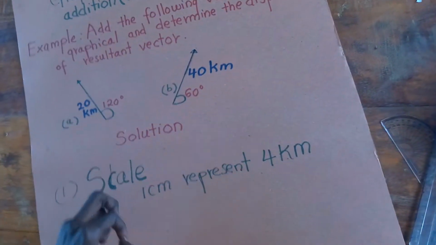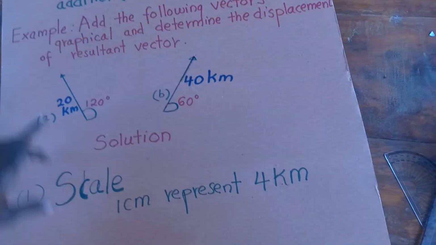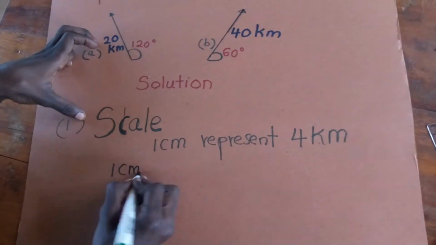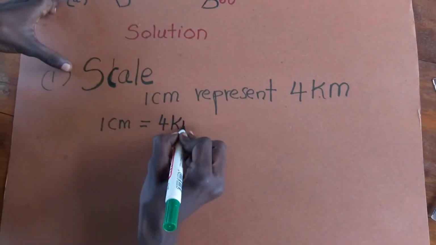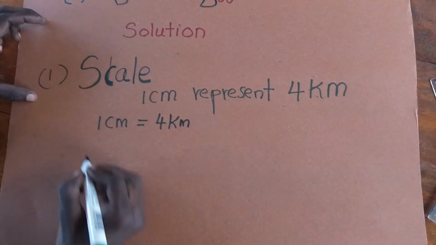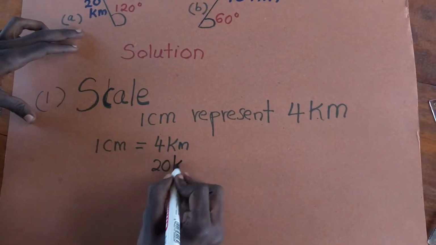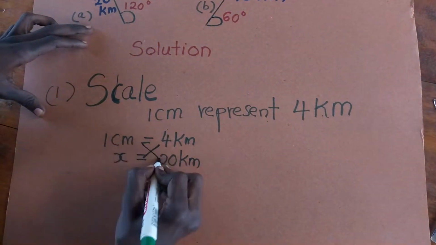So we must change these kilometers into centimeters. Starting, if 1 centimeter is equal to 4 kilometers, what about 20 kilometers is equal to x? Cross multiplication.